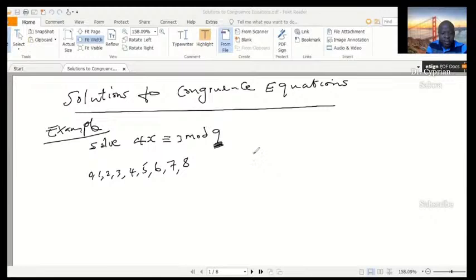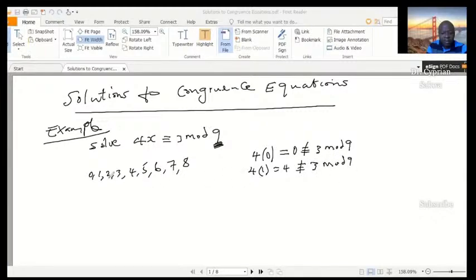So what I mean is you try 0 times 4 and see whether the remainder will be 3. So we find that the answer will be 0. And therefore, this 0 is not congruent to 3 mod 9. Let's see, what about 1? 1 times 4 is just 4. And 4 is not congruent to 3 mod 9.